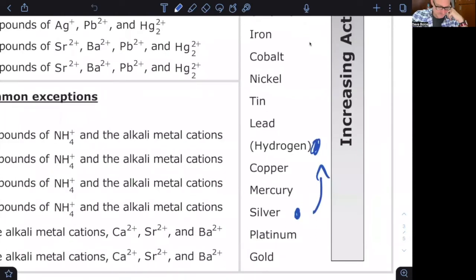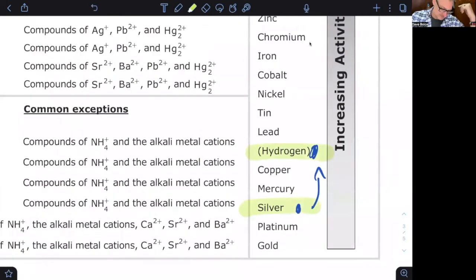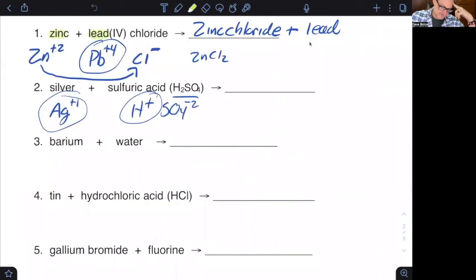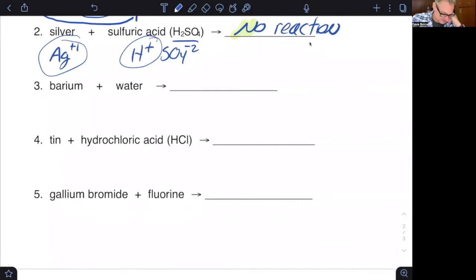Hydrogen is right here, and silver is below it, which means silver is not reactive enough. So for this one, my answer, I'm just going to put no reaction and move on.